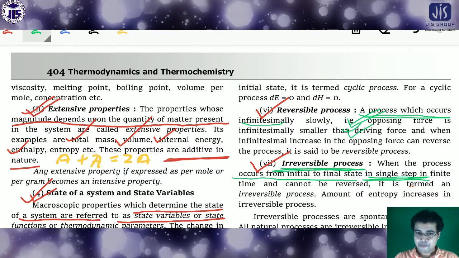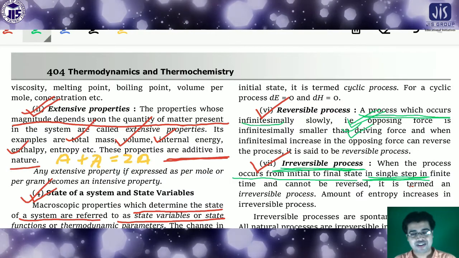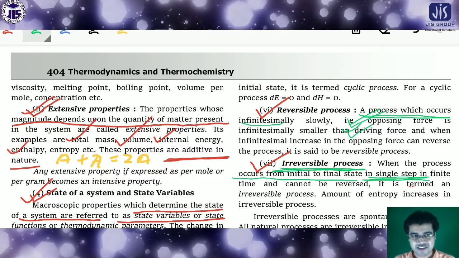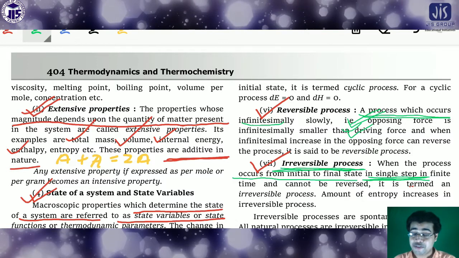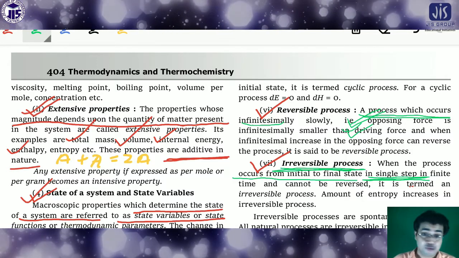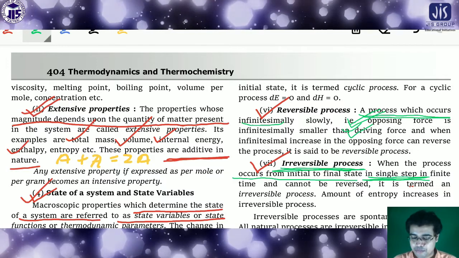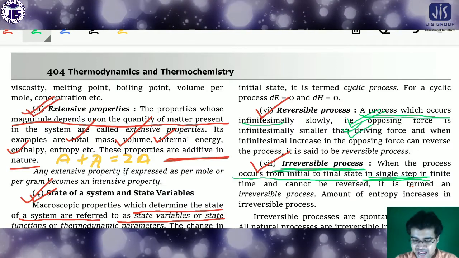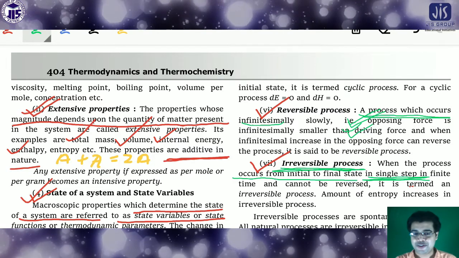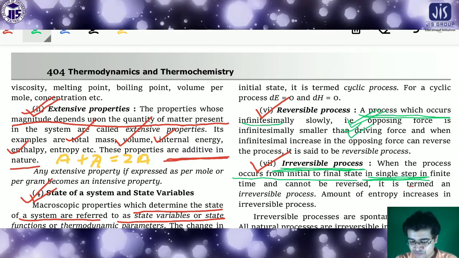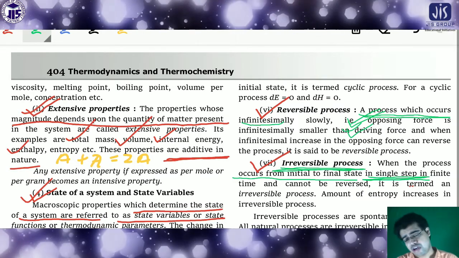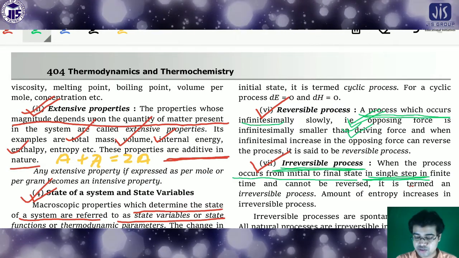And here the difference between the driving force and the opposing force is very high. That means the driving force is much higher than the opposing force, and that's why the process moves very fast. It cannot be reversed because the difference is very high. I can show you how we can explain the reversible and irreversible process.